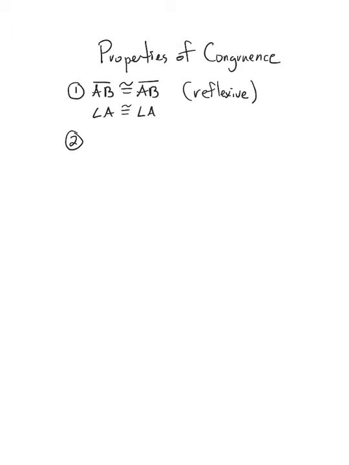The second one is that, well, we can write it like this. If AB is congruent to CD, then CD is congruent to AB. So congruence goes in both directions.